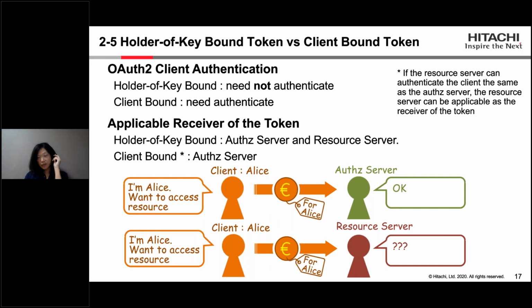However, the resource server can do that. So for example, if the administrator controls both the OAuth server and the resource server, then both can be applicable receivers of this client-bound token.